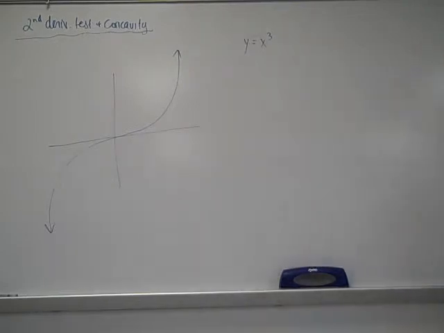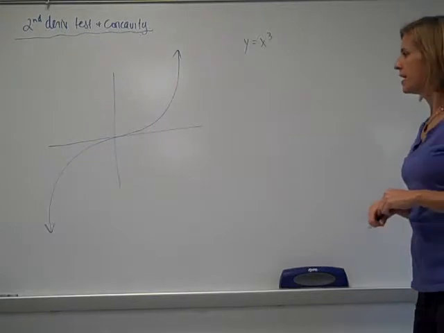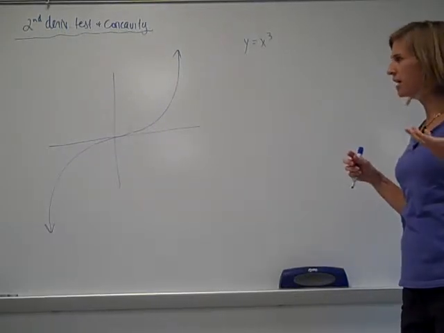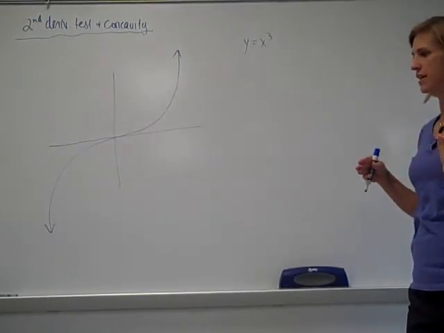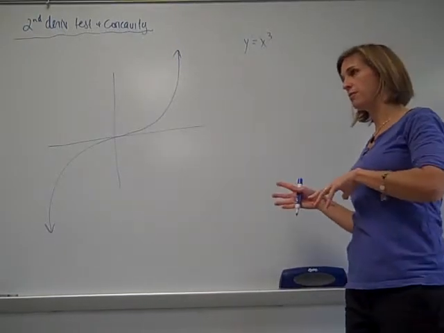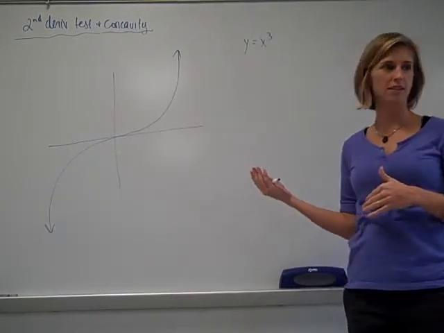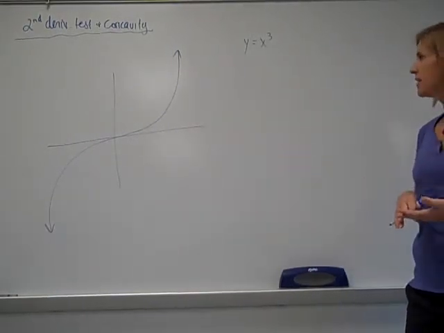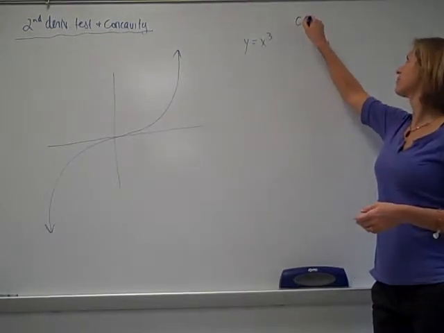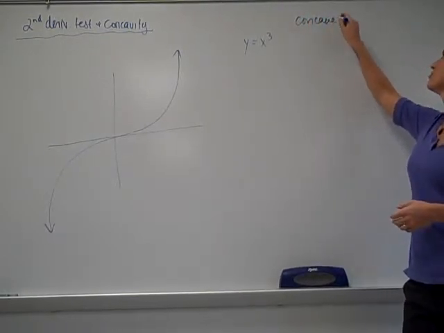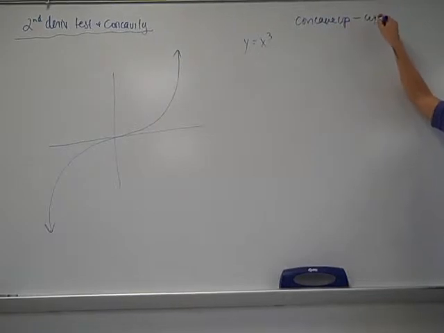Because the cubic function changes concavity. We don't really talk about concavity much in like pre-cal. But it's kind of important because a function can be both increasing and concave up or increasing and concave down. And this is an example of that. Concave up, in case you don't know, looks like a cup.